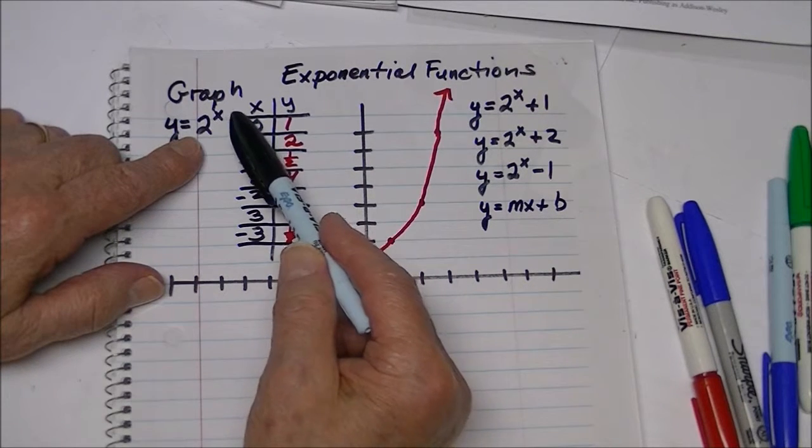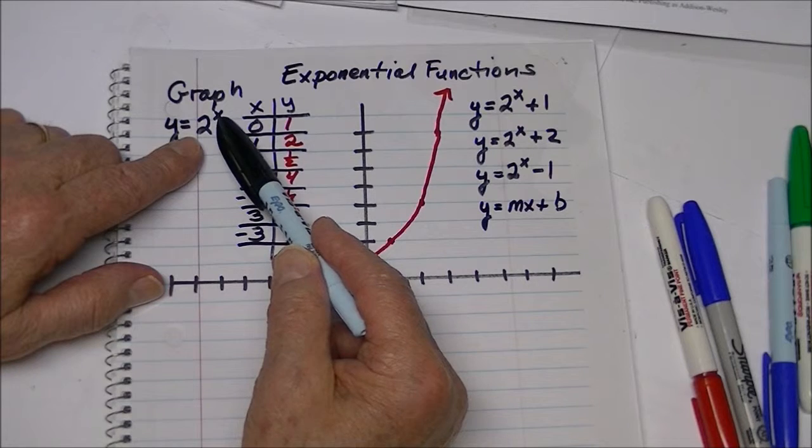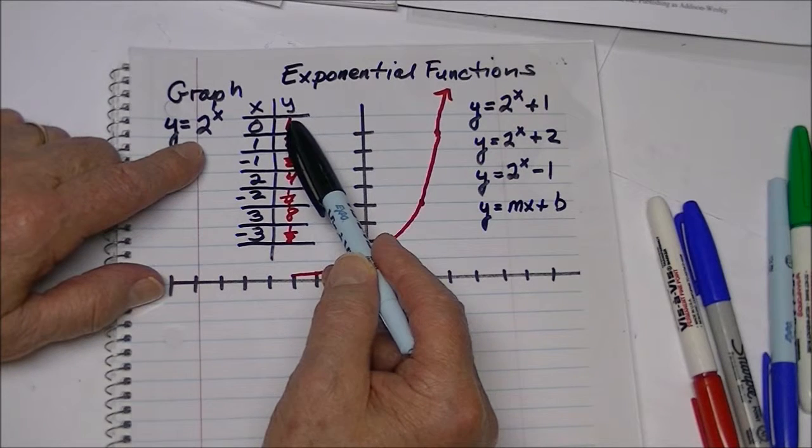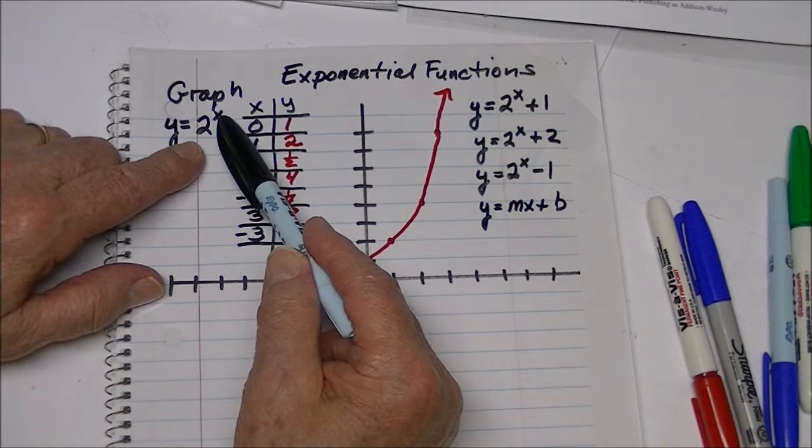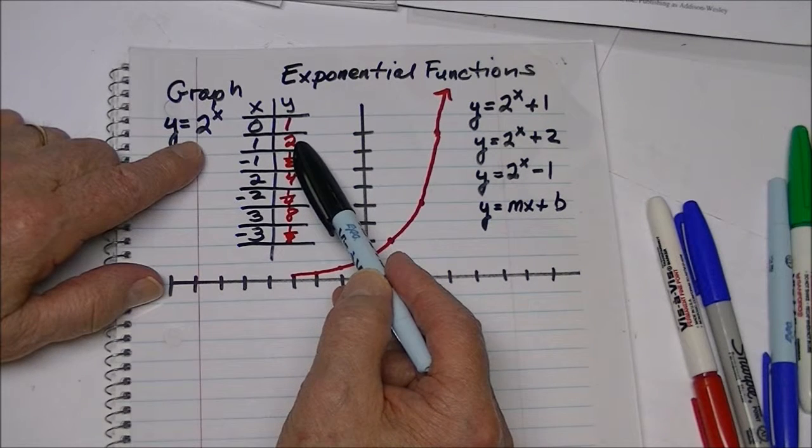So if x is 0, 2 to the 0 power is 1. If x is 1, 2 to the first is 2.